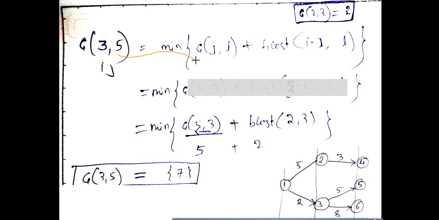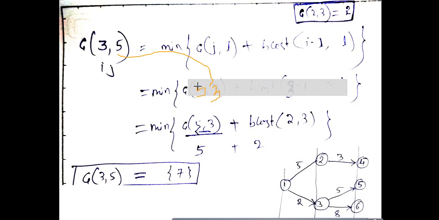J value is 5 and L value is what? L is in degree. In degree of vertex 5, how many? Only 1 in degree. From which vertex? From vertex 3. So you have to write here 3.